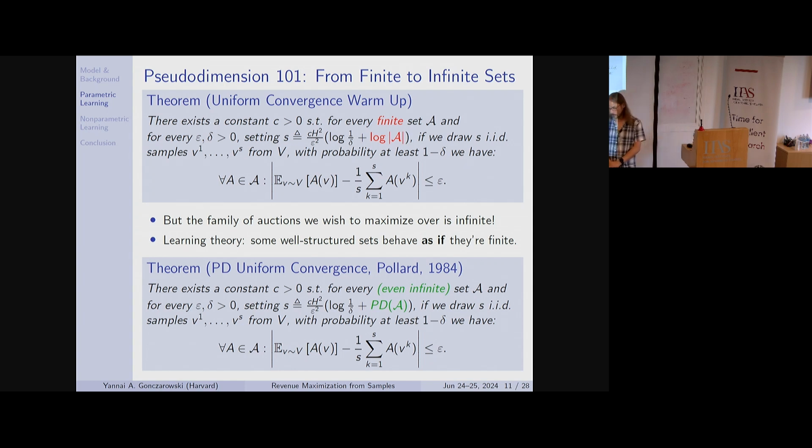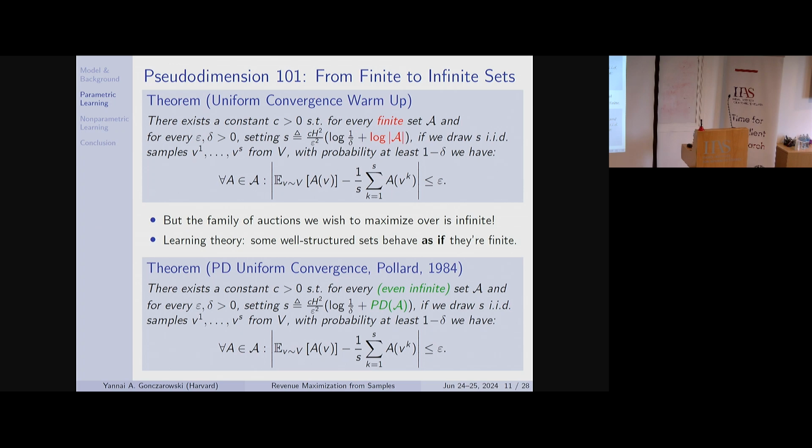Could I question your assertion that in real life we want to use a continuum of prices? In real life, everything is fine. You certainly can. The things you optimize over are finite, but they're so big that I want a better bound than log of the size of them.